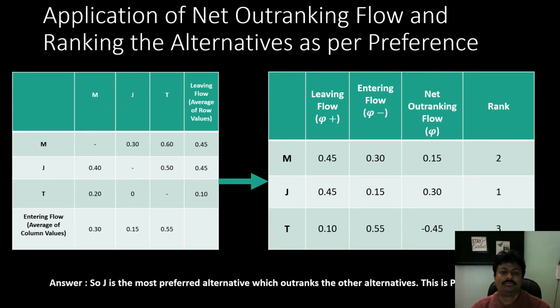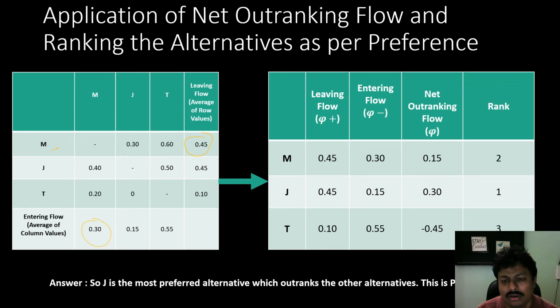Now, application of net outranking flow to rank the alternatives, very easy. So for M, you see, the leaving flow is 0.45, right? And the entering flow is 0.30.